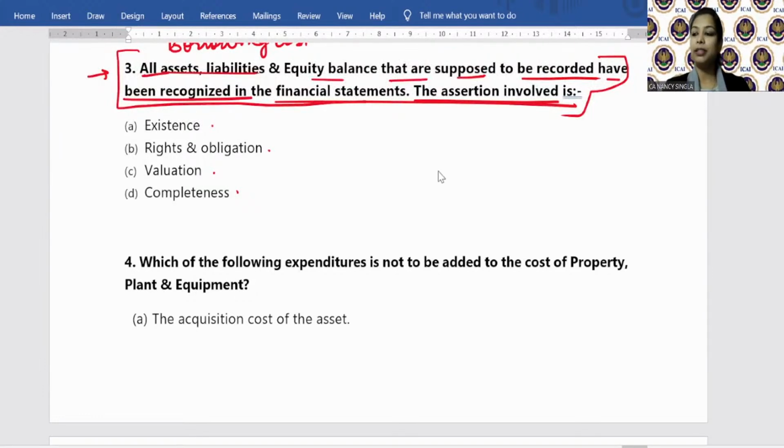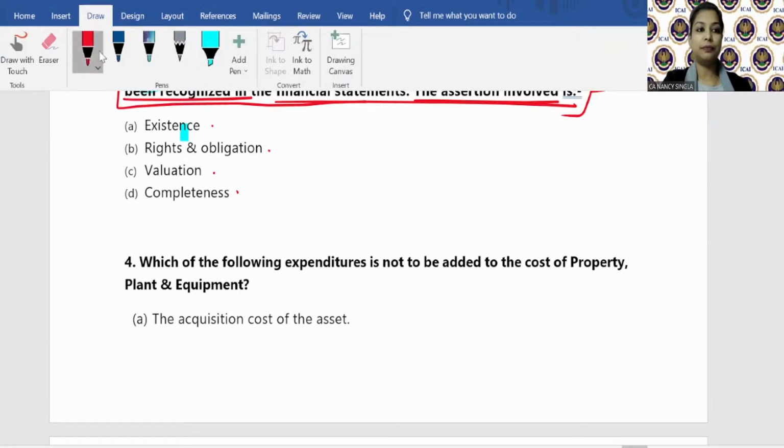Students, send in your replies. Yes, the keyword is all. All assets and liabilities equity balances that are supposed to be recorded have been recognized in the financial statement. तो completeness है ना?